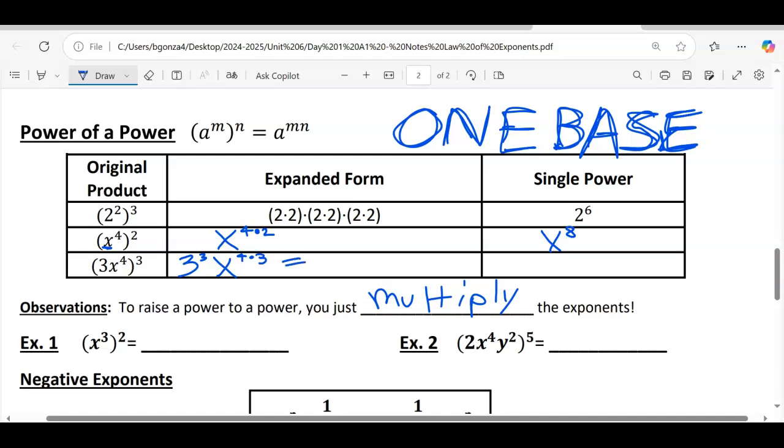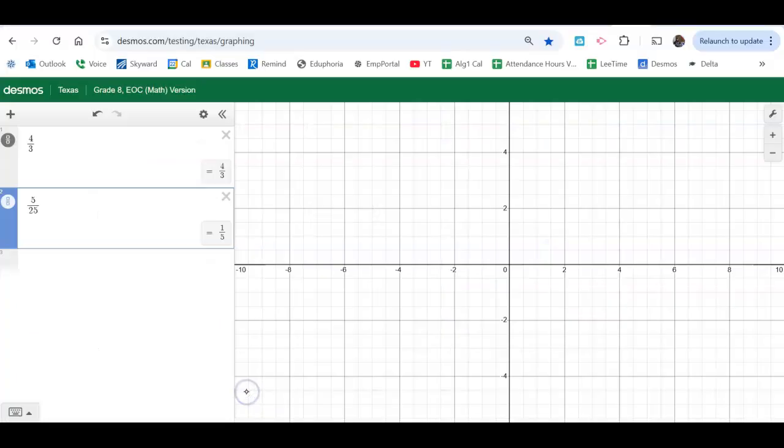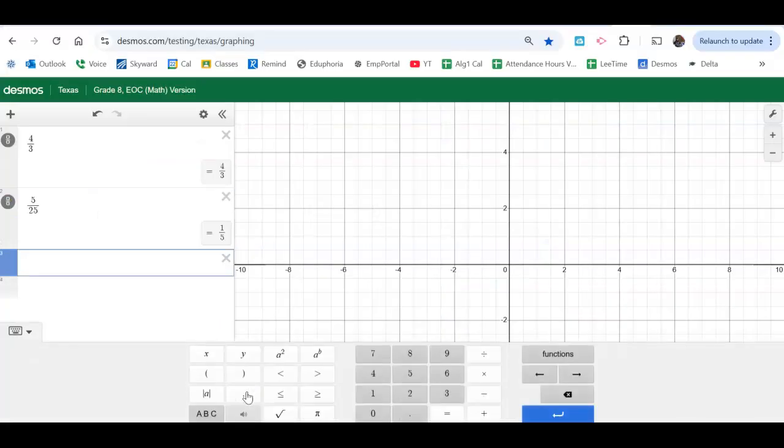Now here's the question. What is 3 to the power of 3? 3 cubed is not 6, and it's not 9, okay? A lot of people just think it's multiplying. It is 27. 3 to the exponent 3. Use Desmos to compute if you need to, right?